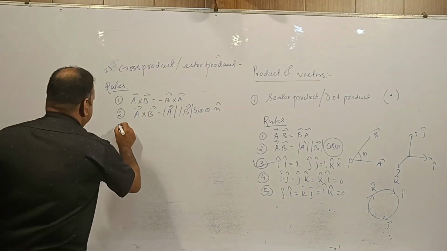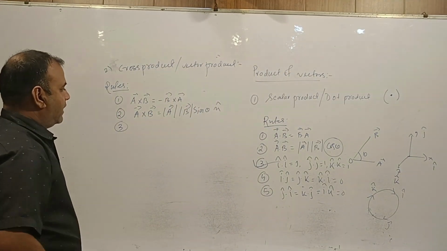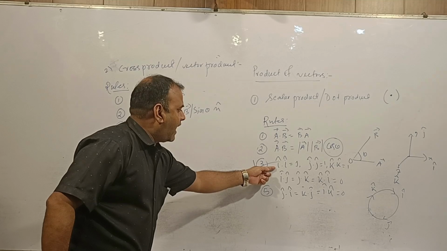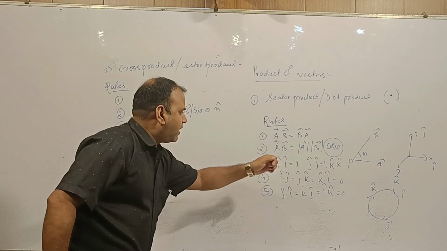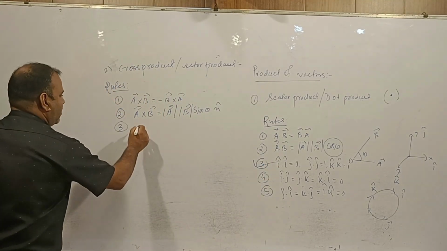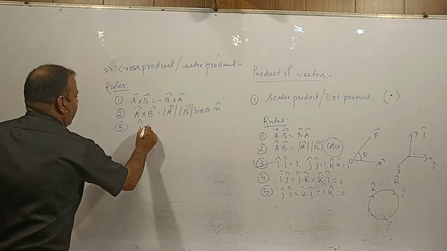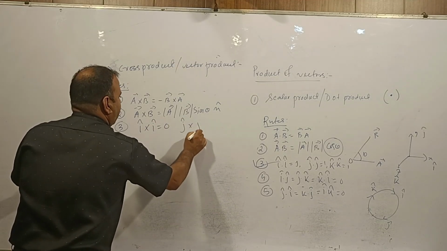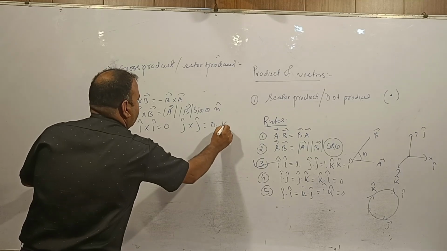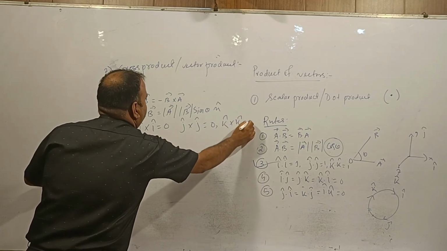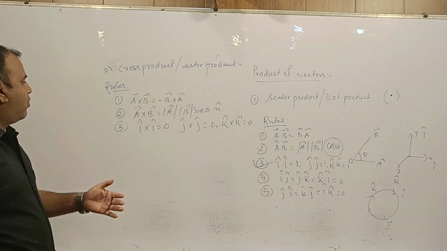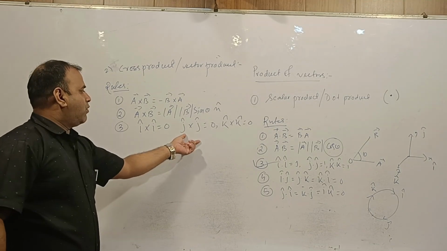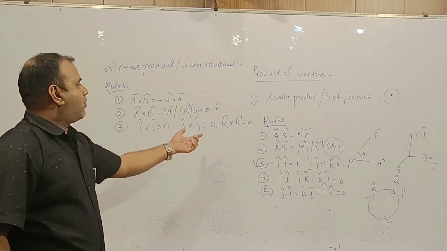Number 3, you have seen here I cap dot I cap is 1, but in this case you remember, I cross I is equal to 0, J cross J is equal to 0, and K cross K is equal to 0.